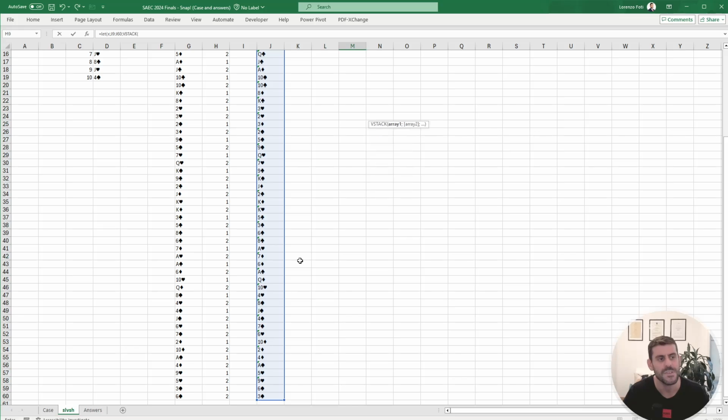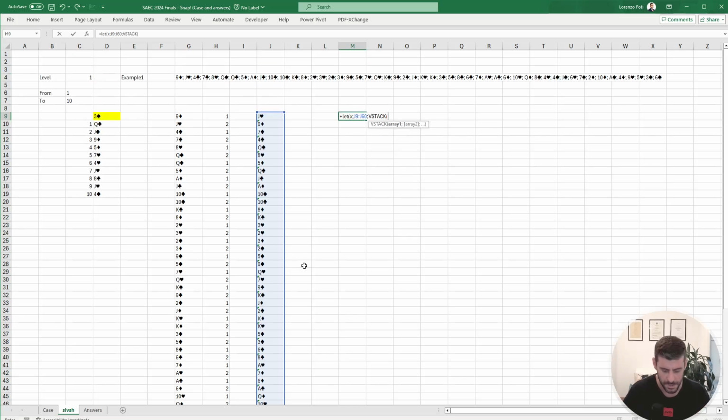What if I v-stack an index of x, sequence rows of x, start rows of x minus 1.